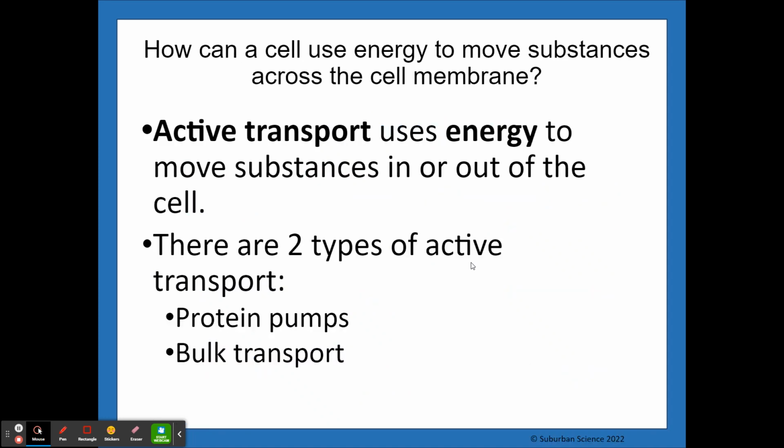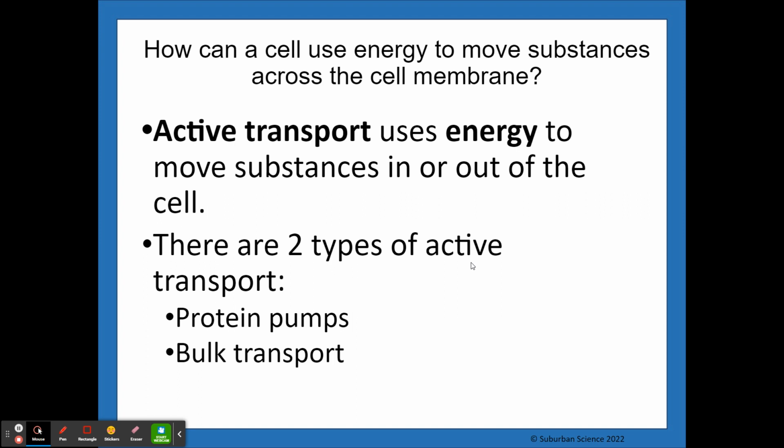So let's take a look at active transport now. Again, we talked about how passive transport moves substances in and out of the cell without the use of energy, and it's often going from areas of high concentration to low concentration until a cell reaches equilibrium.